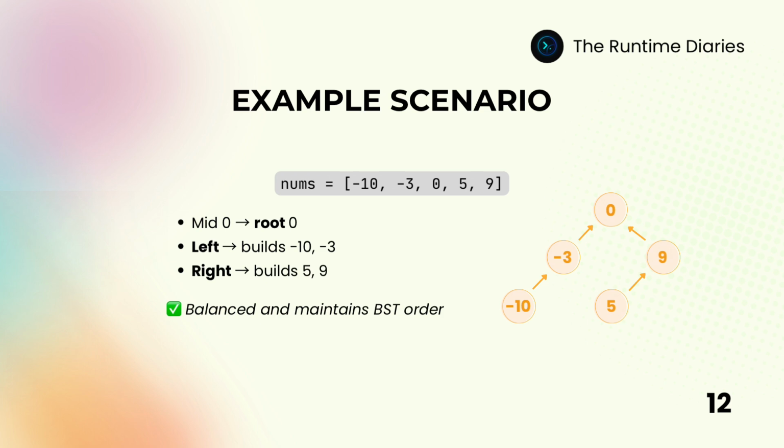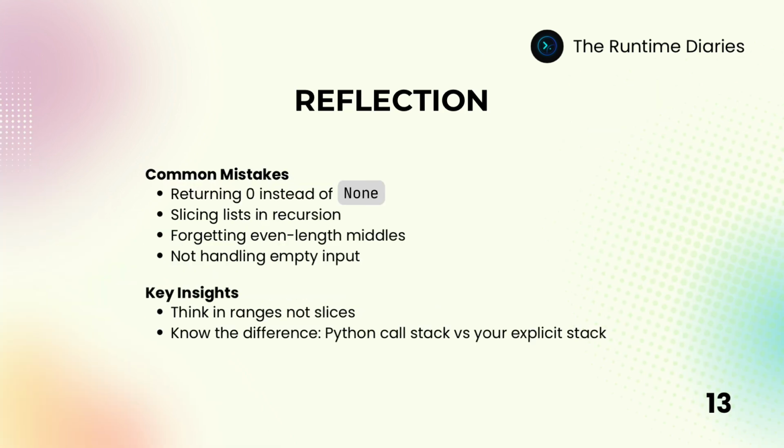The right side from left to right, 5 and 9, builds another. The result is a perfectly balanced BST where left holds smaller numbers, right holds larger numbers, and the depth difference is less than or equal to 1. Simple, predictable, and efficient.